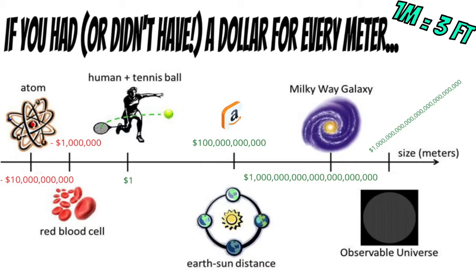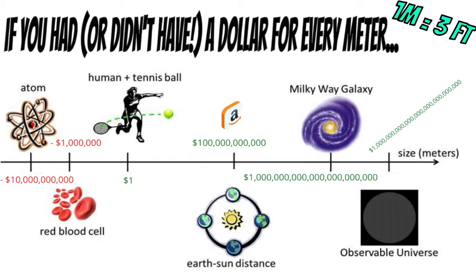But we're not really concerned with the big right now. We're talking about the very, very, very small. So let's go in reverse. If $1 was removed from my bank account for every square meter that I had to zoom in on my microscope to see something as small as a red blood cell, I would have negative $1 million.